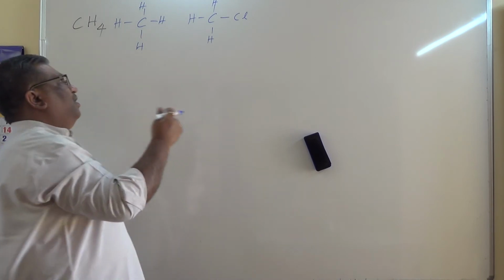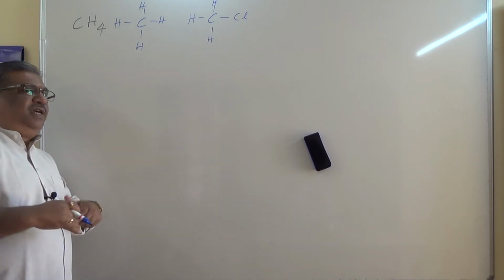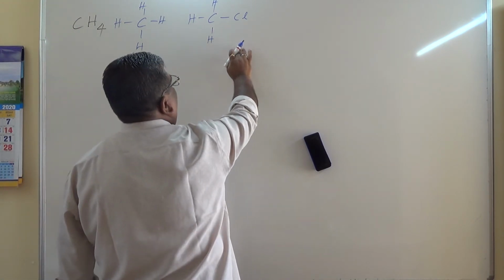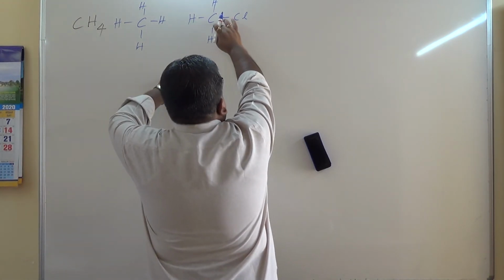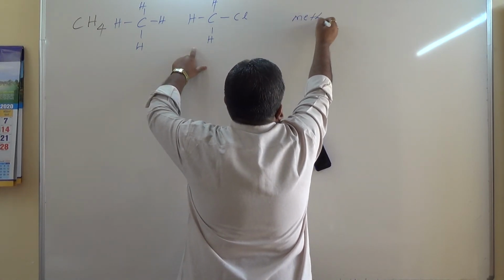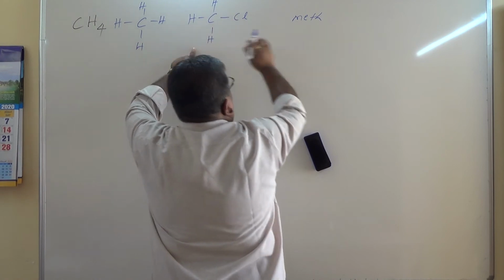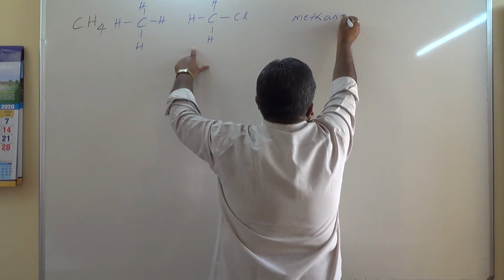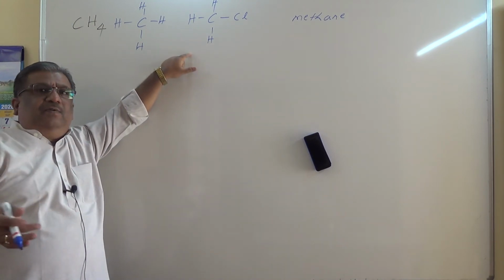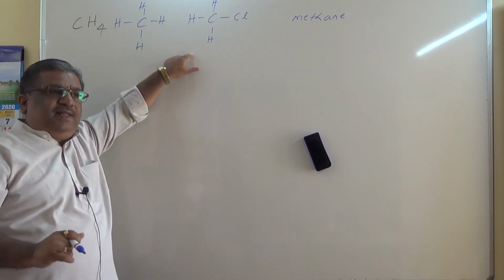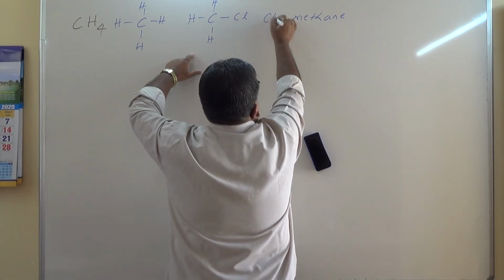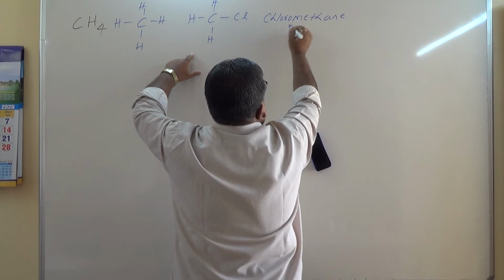So chlorine is going as a substituent for hydrogen. So how do you read this compound now? This is the root word meth. All these are single bonds, ane. When there is a halo substituent, then you will have a prefix there. What is the prefix? Chloro, and therefore this is chloromethane.